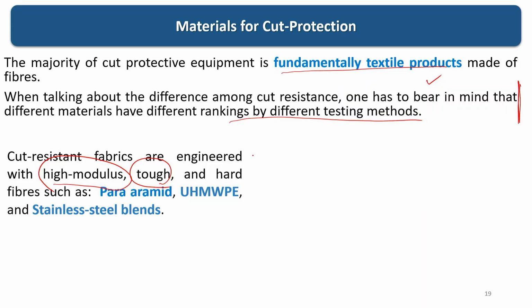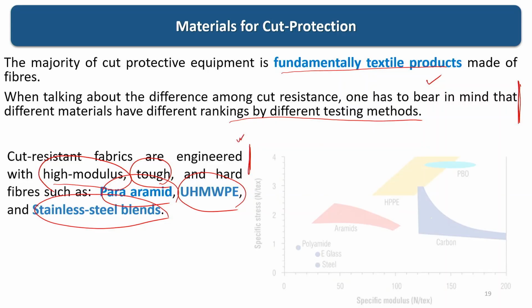From this type of fibers we produce the cut protective material, like para-aramid, which has very high modulus, ultra high molecular weight polyethylene or stainless steel and their blends. So, we generally use these for cut protective textiles.